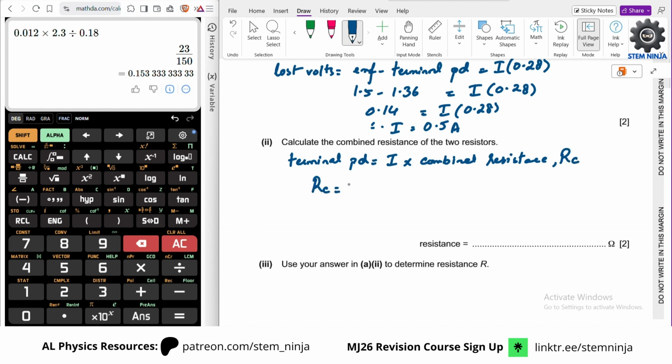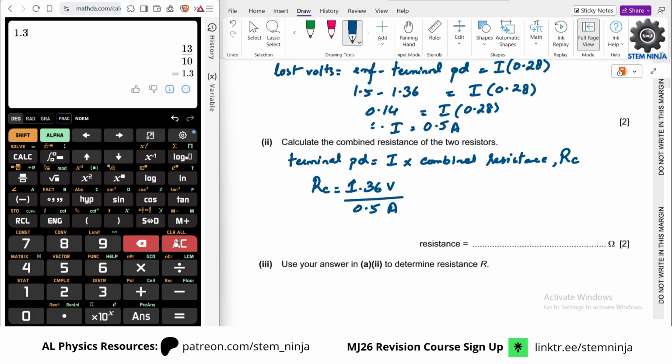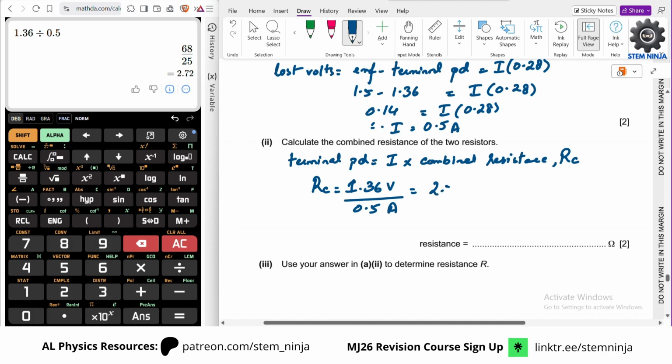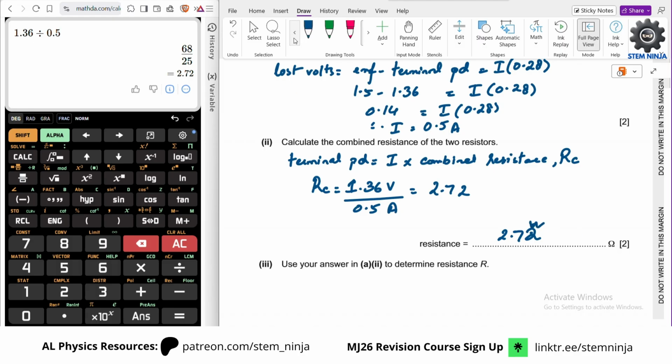So RC is 1.36 volts divided by 0.5 amps. So 1.36 divided by 0.5 is 2.72 ohms. This is not a recurring symbol.